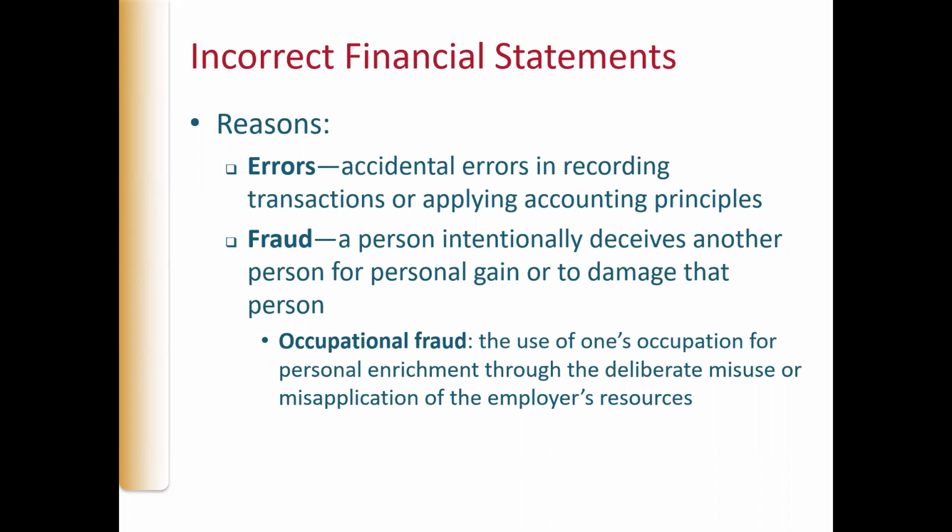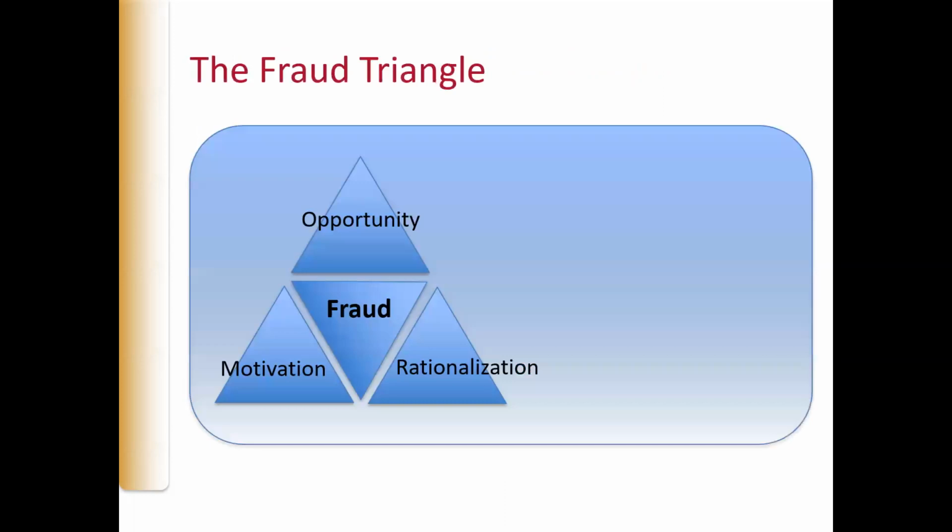So we need internal controls to check up on accidental errors, but we also need internal controls for those who intentionally try to deceive another person for personal gain. That is called fraud. Fraud is alive and well in the business community.